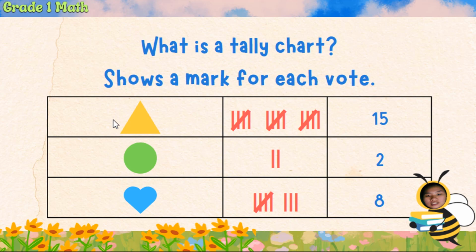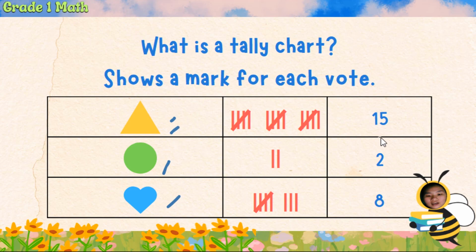Okay, what are we dealing with here? What are the different categories? We have triangle, circles, and heart. Okay? Those are our three shapes. How many do we have? How many votes for triangle?